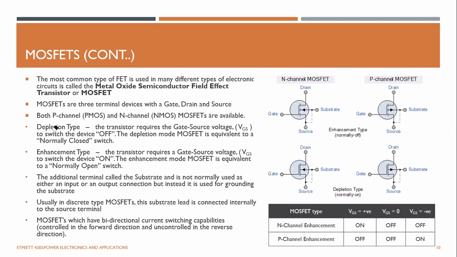But the enhancement type is completely opposite. When you provide a positive voltage here, your device is turned on, which means this is a normally open device. When you provide 0 volts, the device is off. So if you select depletion, it's a normally closed switch. If you use the enhancement type, it's a normally open device.